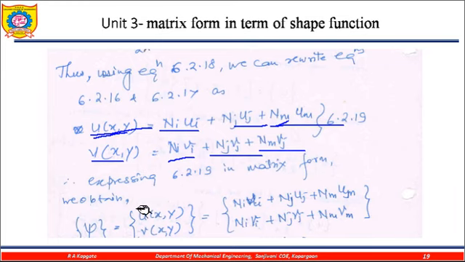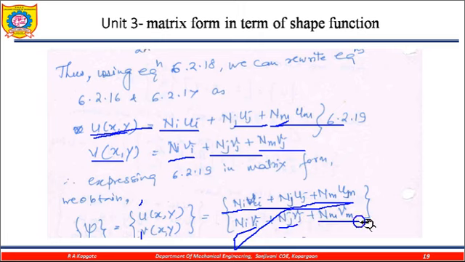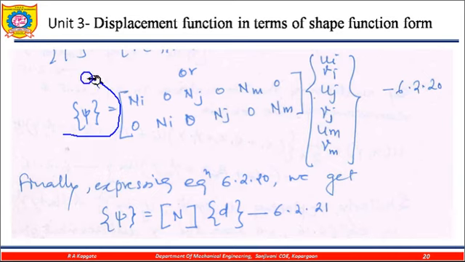Hence my psi function, that is the displacement function, is equal to the displacement along the x-axis and the displacement along the y-axis, that is ni ui, nj uj plus nm um. Similarly ni vi, nj vj, and nm vm. So my displacement function I can write in matrix form: ni 0, nj 0, nm 0, and 0 ni and so on, multiplied by ui, vi, uj, vj, um, vm.